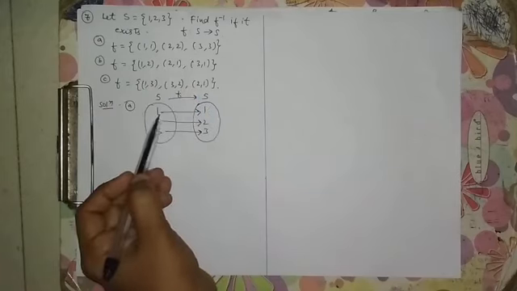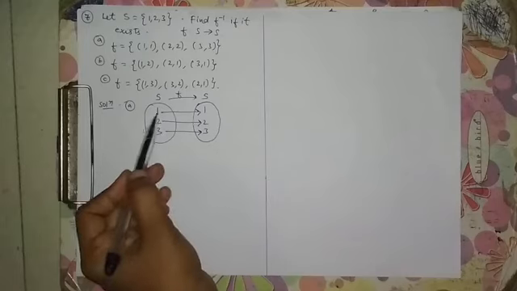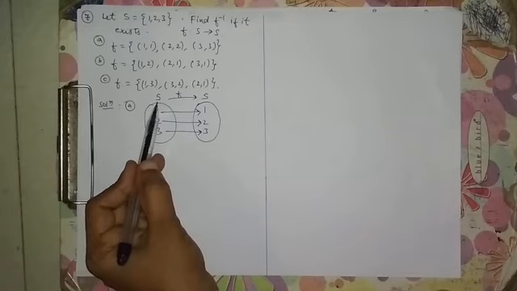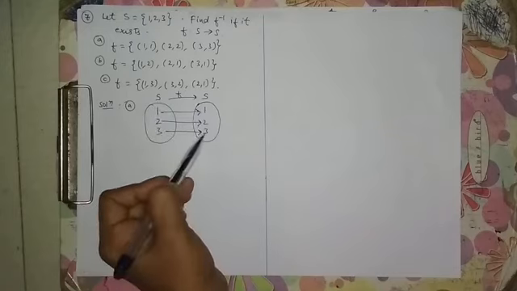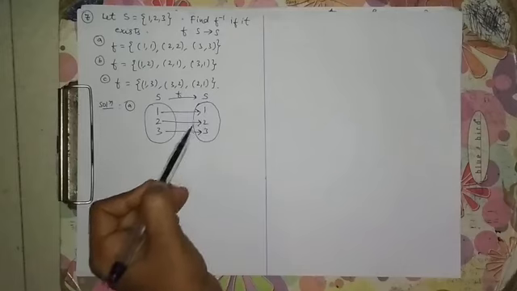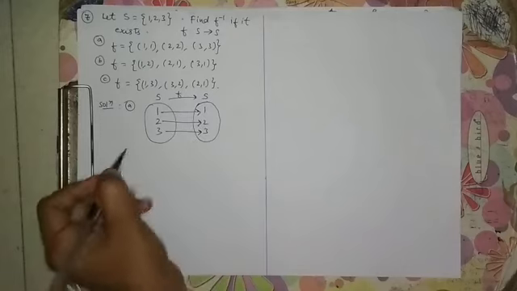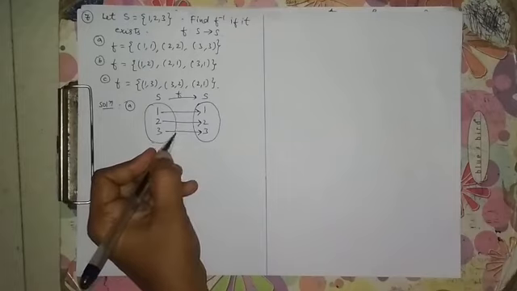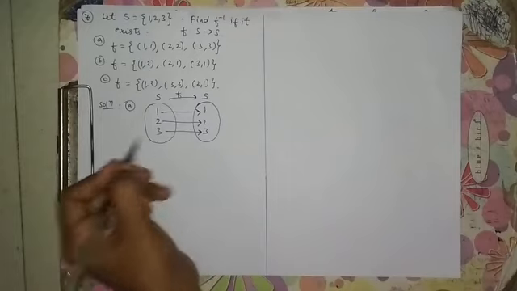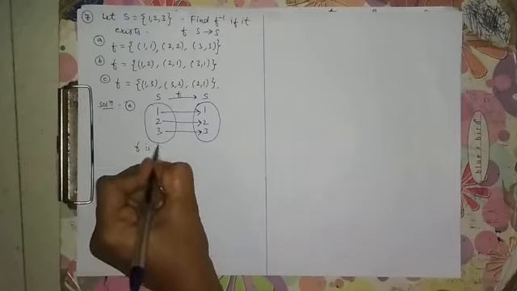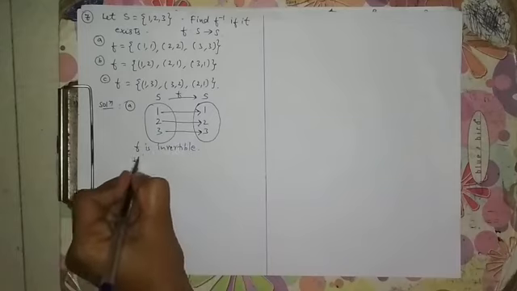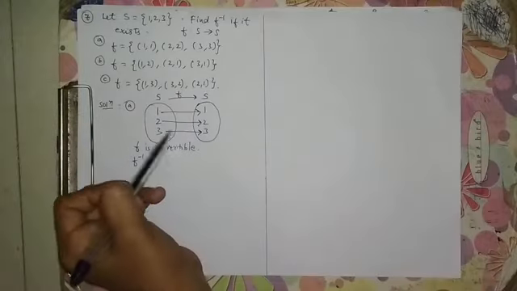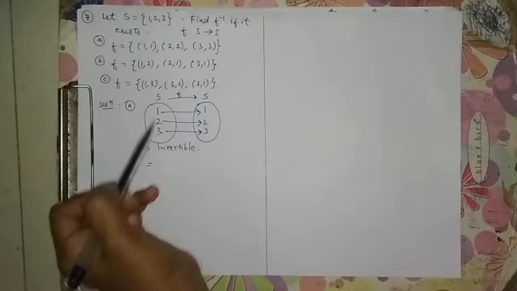Here it is one-one, only one arrow mark, and each element of the second set has an arrow mark. So this is one-one and onto, which means F is invertible, and F inverse exists. If it is invertible you have to find F inverse.